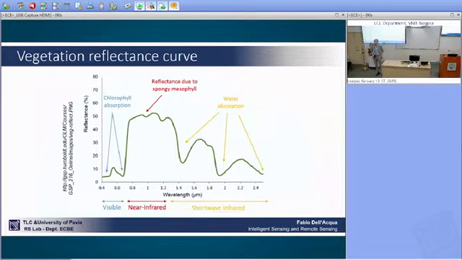So as I said earlier, this is a general shape for the general behavior of vegetation reflectivity, but it's indicative, and especially it's very useful to show the concept that if you look at a reflectance curve in an optical context, you can learn a lot about the object that you are observing.